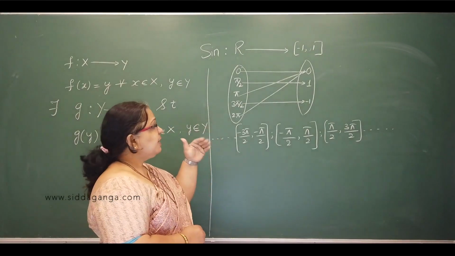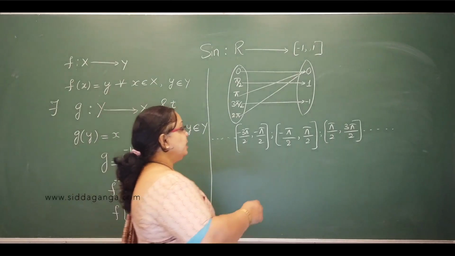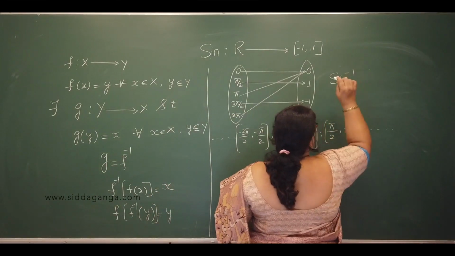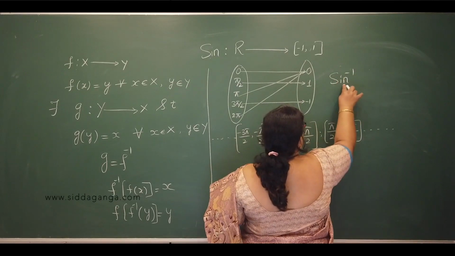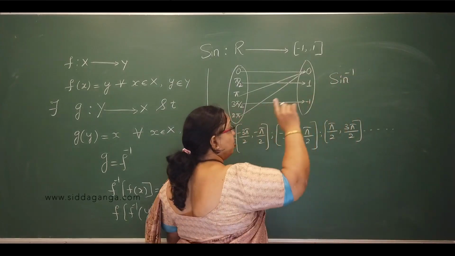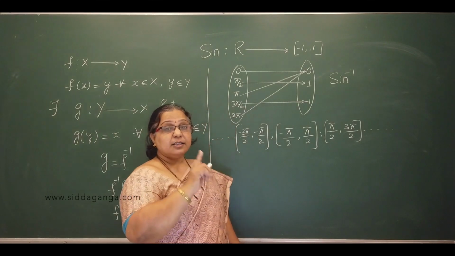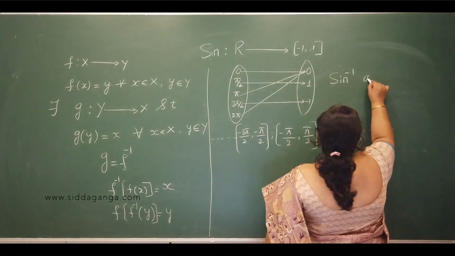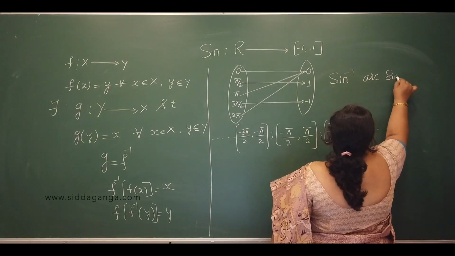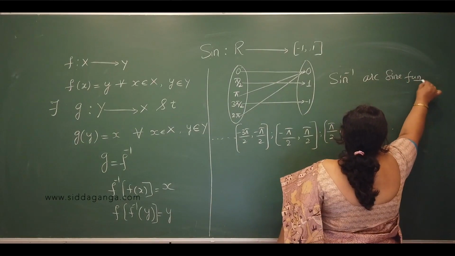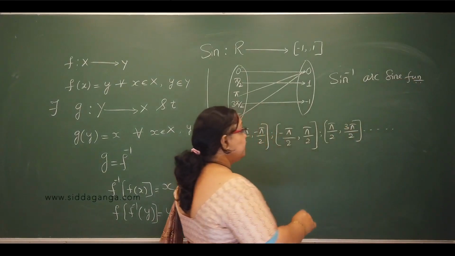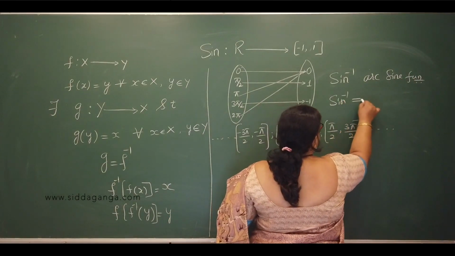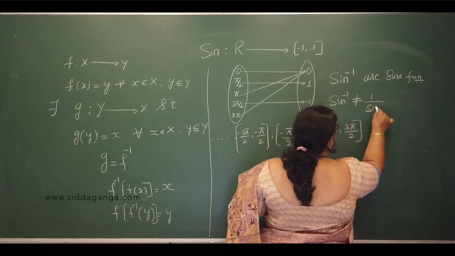The inverse of the sine function is denoted by sine inverse, or it is also called the arc sine function. We should know that sine inverse is not equal to 1 by sine.